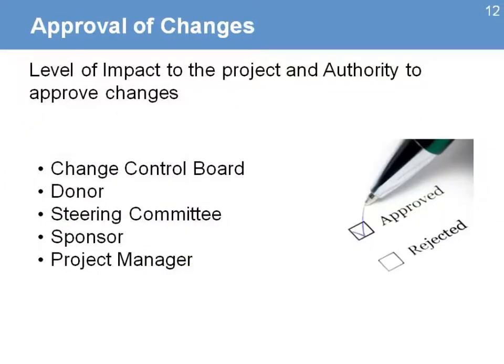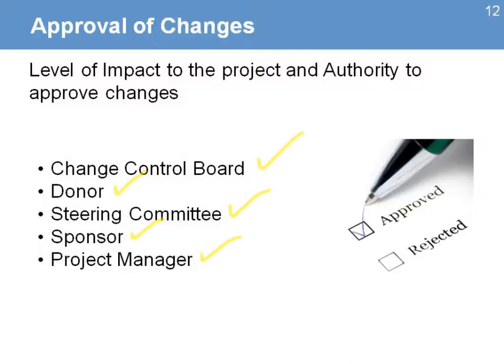For the approval of the changes, it depends on the level of impact on the project and the level of authority needed to approve the changes. That means we have different levels of authority in the project or in the organization that, depending on the impact to the project and the amount of resources needed, will need to approve it. We have the change control board, the donor, the steering committee including the sponsor, and then the project manager.